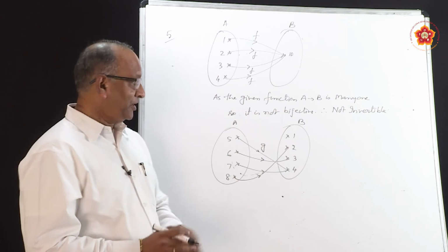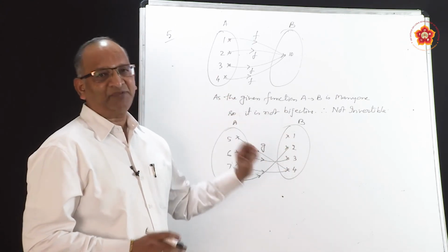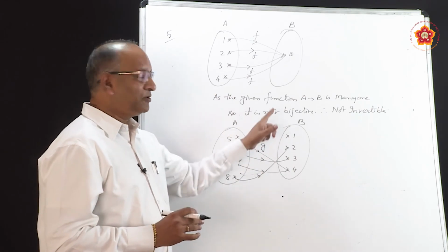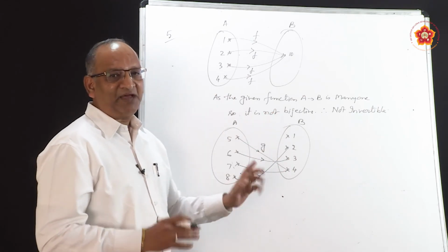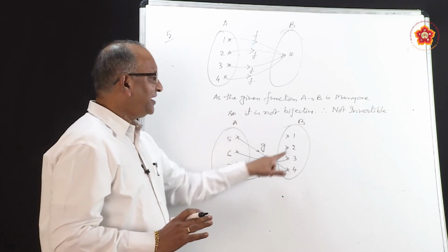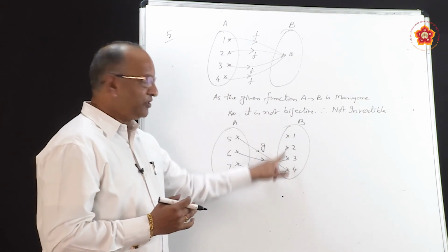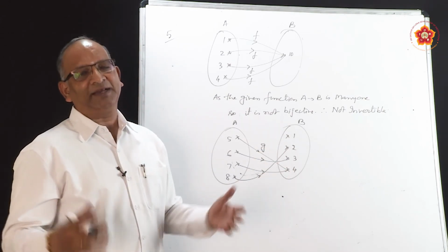At the same time, you can also see that set B, which is called the codomain of the function, is not equal to the range, because range consists of only those elements which are images. So, what is the range here? Consisting of 2, 3, 4. What is the codomain? 1, 2, 3, 4. Since both are not equal, it is not onto.